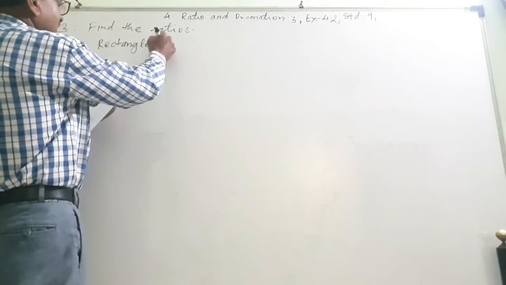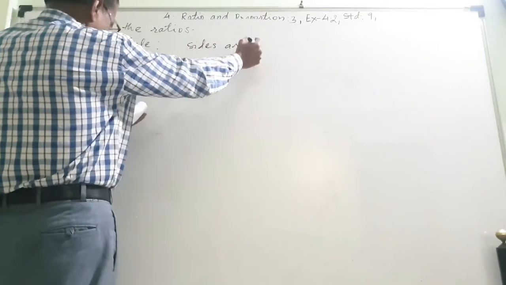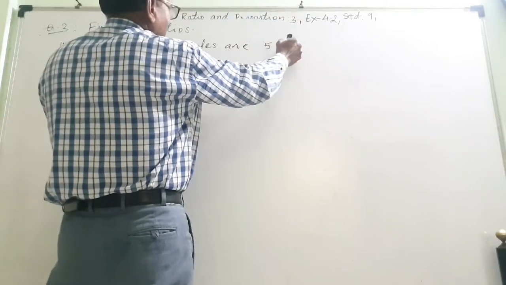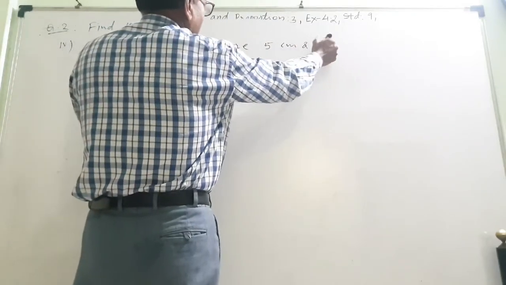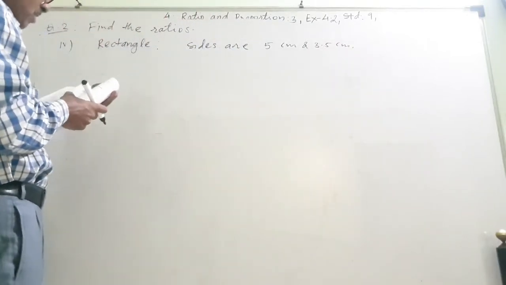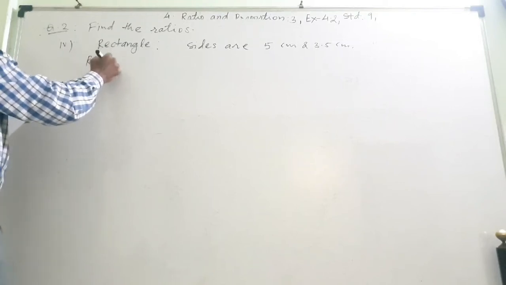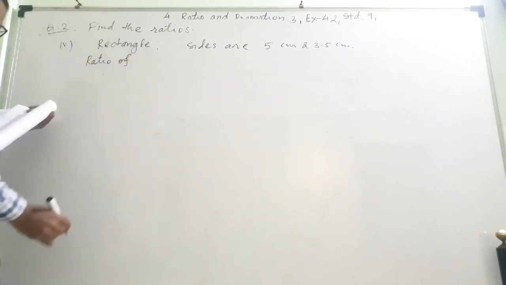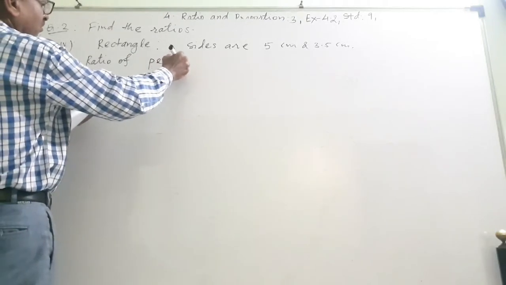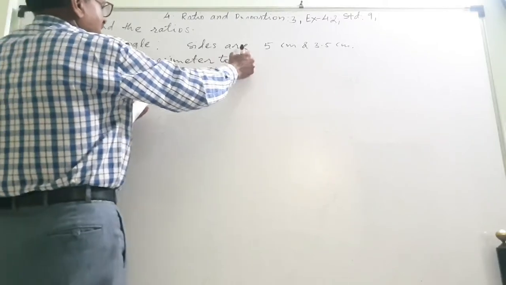Sides of the rectangle are 5 cm and 3.5 cm. Now which ratio do I want? Ratio of perimeter to area.